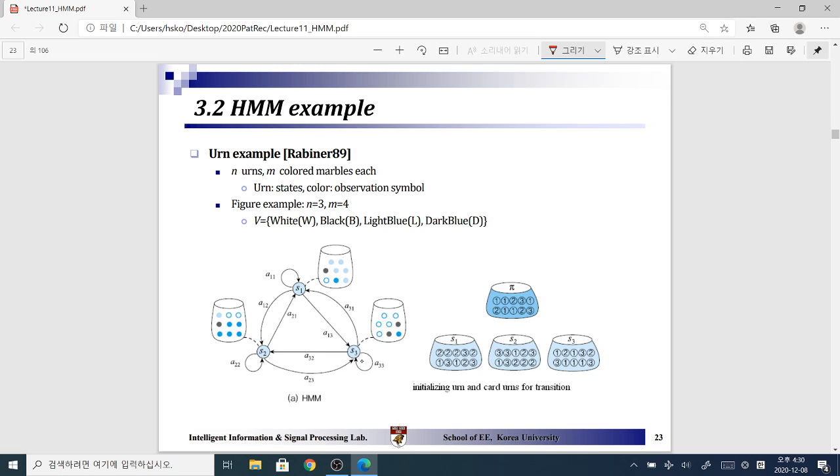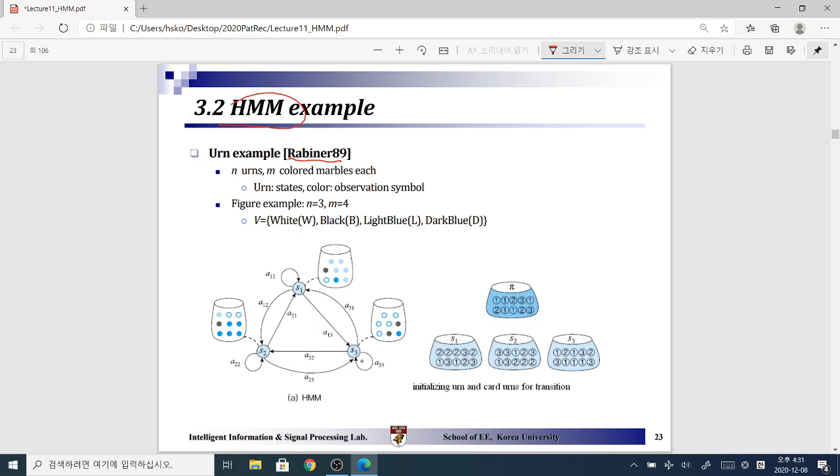Okay, so just to delve into HMM in a little more detail, here's the way Rabiner in 89 described the HMM model. He described this in terms of, once again, urns and marbles.